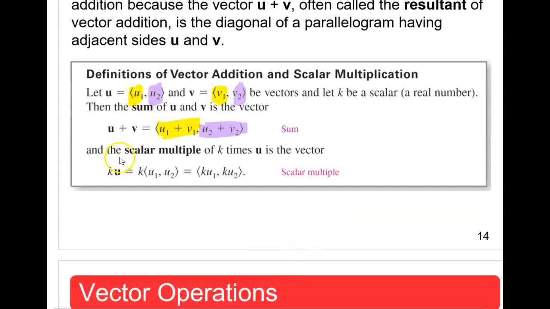Now, the next operation is called scalar multiplication. So remember, k is just a real number here, and the vector is called u. And so the scalar times the vector, we will distribute the scalar times the horizontal component and times the vertical component.